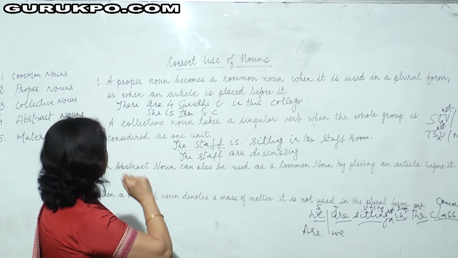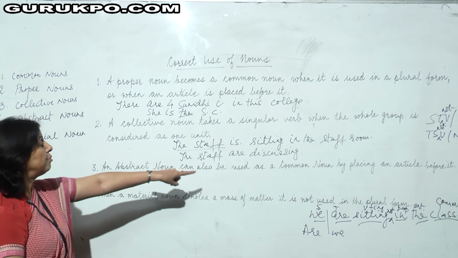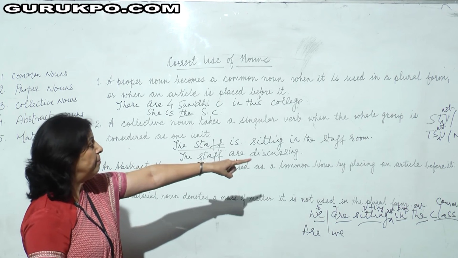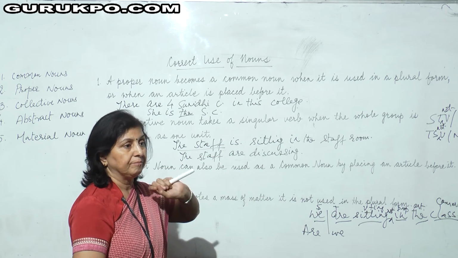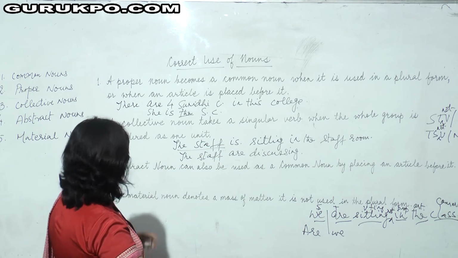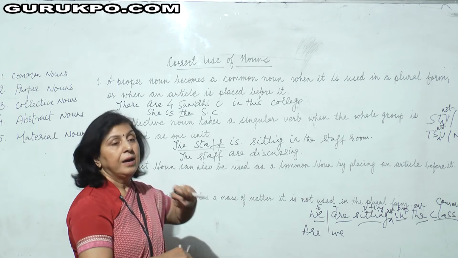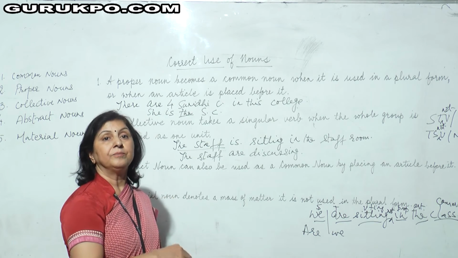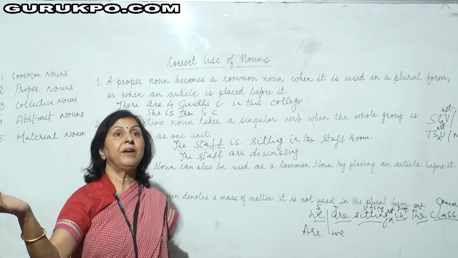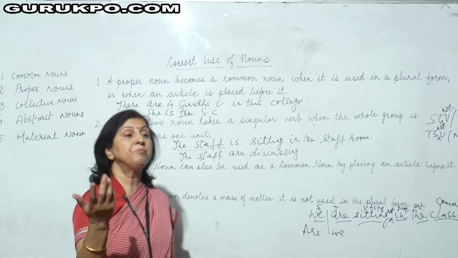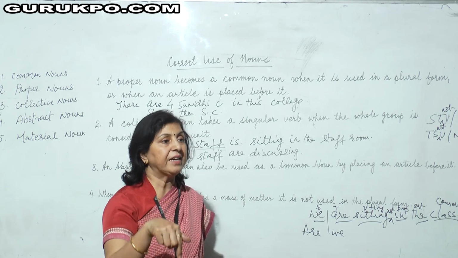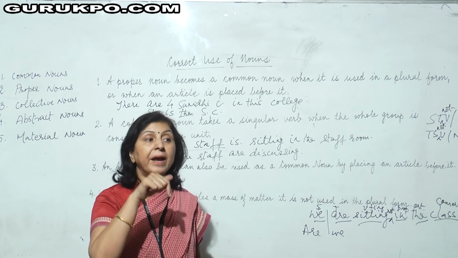Then an abstract noun can also be used as a common noun by placing an article before it. Now how? If I say Aishwarya Rai is a beauty. Now what is beauty? Beauty is an abstract noun. What did I do?